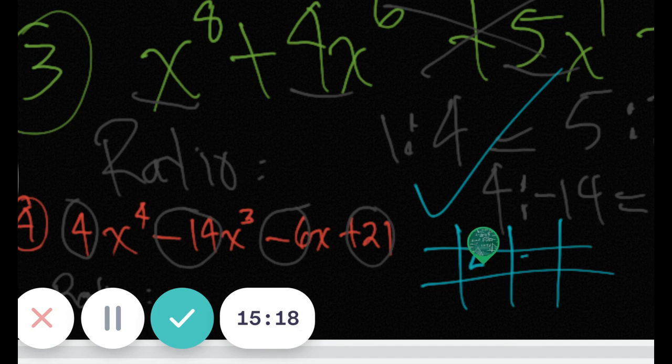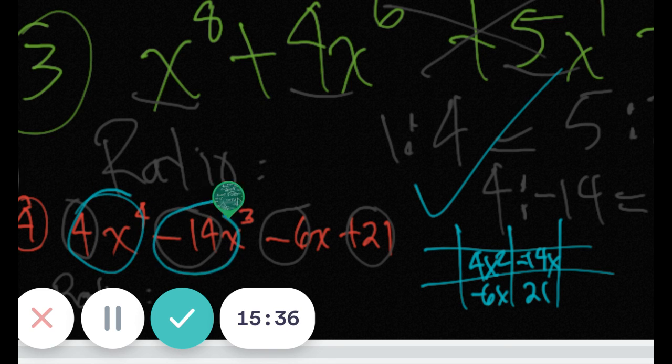So 4x squared, negative 14x, and then the next row would be negative 6x and 21. And again, you factor across the rows and divide down the columns, okay? The big thing to do is check the ratios of the coefficients within the constant there, okay? And check that there's a linear pattern in exponents.